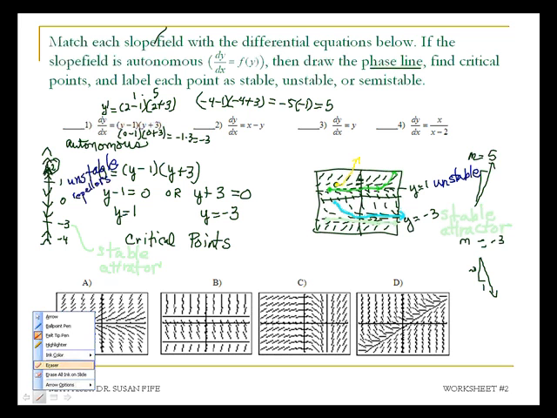And notice that if you start from below, somewhere down here, your flow is going to go up and start to level out at y equals -3.